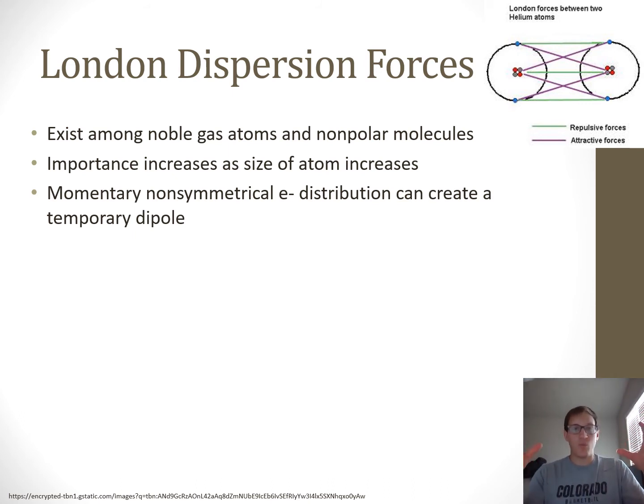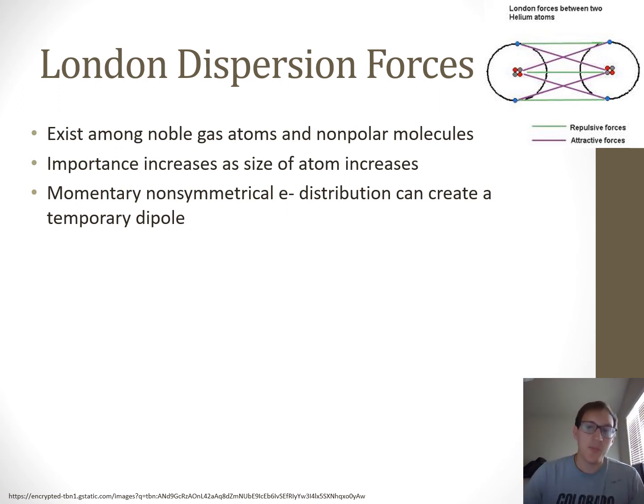And so we get this temporary attraction of a positive to a negative, and it creates this force that holds these electrons together. Now, this is momentary, very short-lived because the electrons move so fast, but it does create a force between molecules that keeps them together.